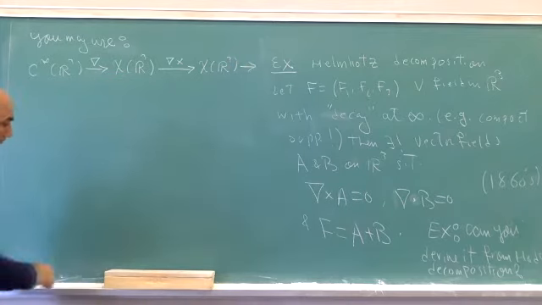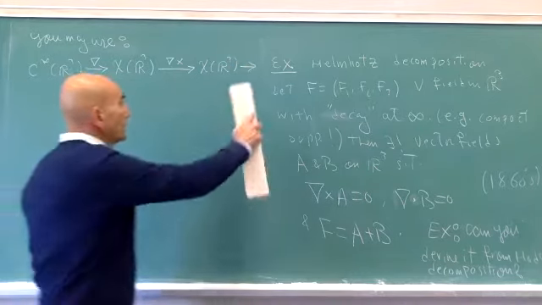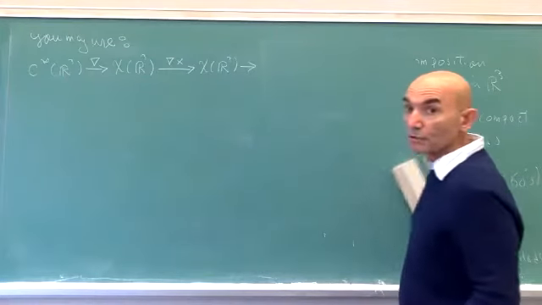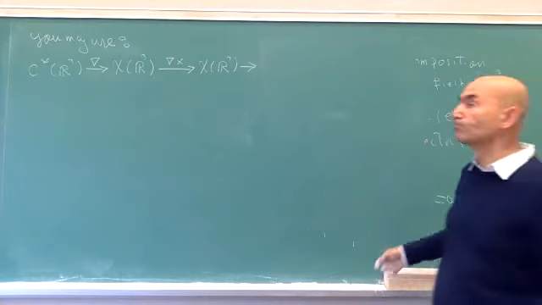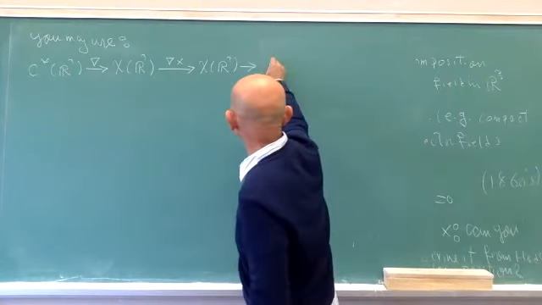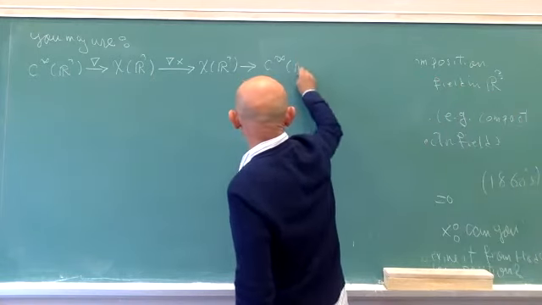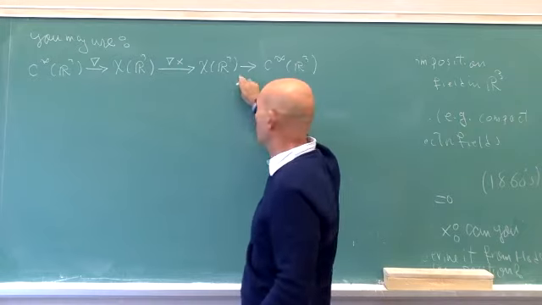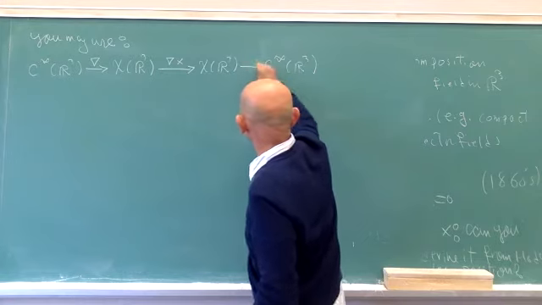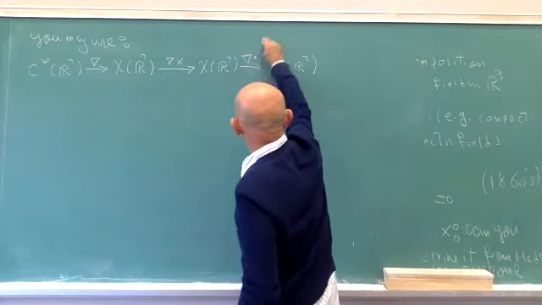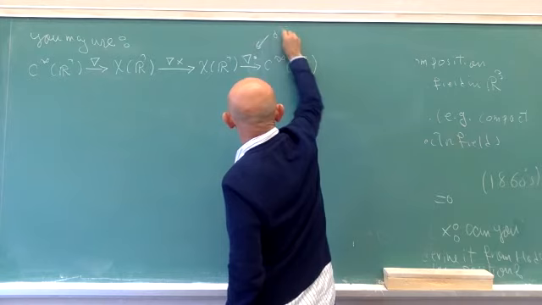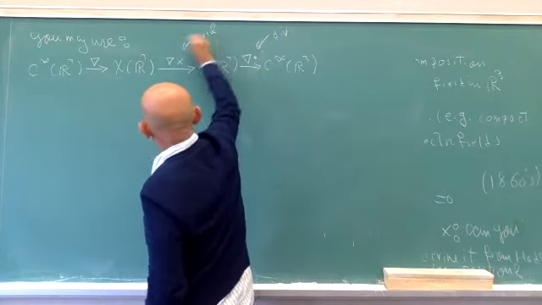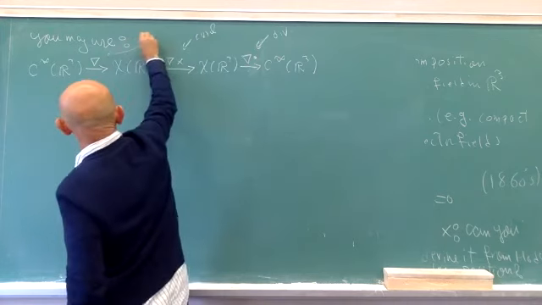And then I can go from vector fields to functions, C infinity of R3, by applying the divergence operator. So this is divergence, this is curl, and of course this is gradient.